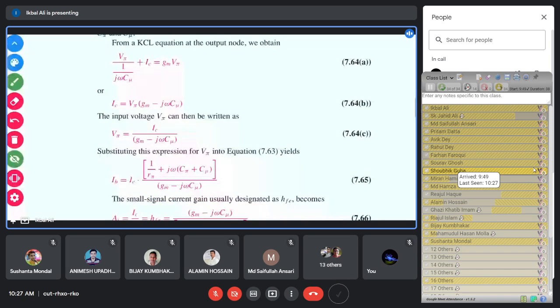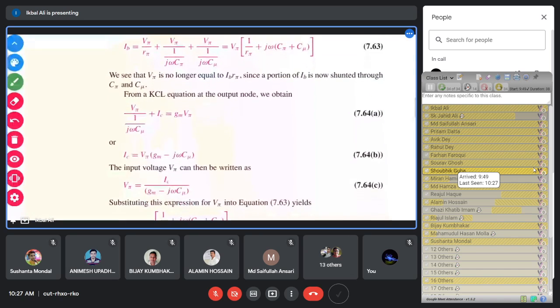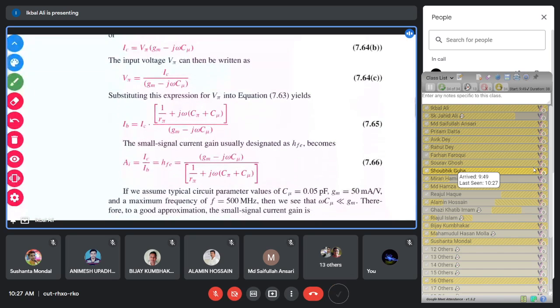So the equation is IC into (1 by r pi plus j omega (c mu plus c pi)) divided by Gm minus j omega c mu. So we have somehow merged the output KCL node at the collector and the input KCL node at the base, and obtained this equation.